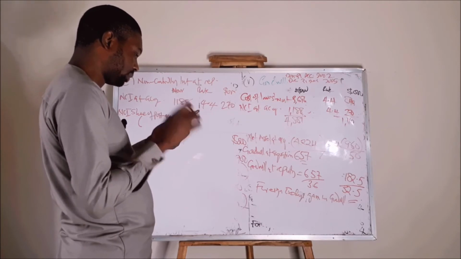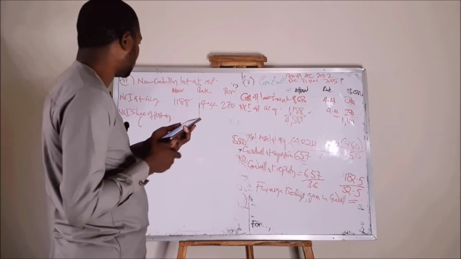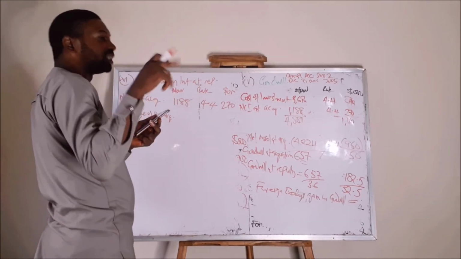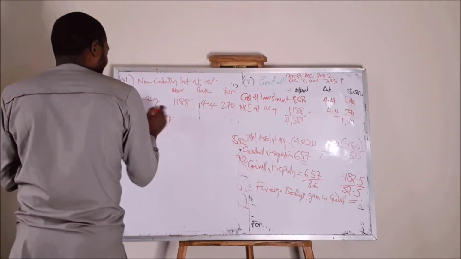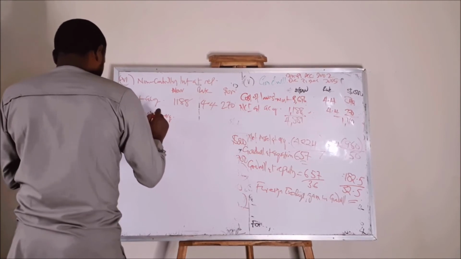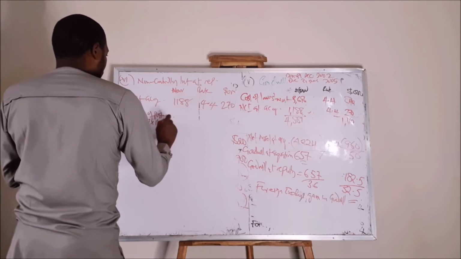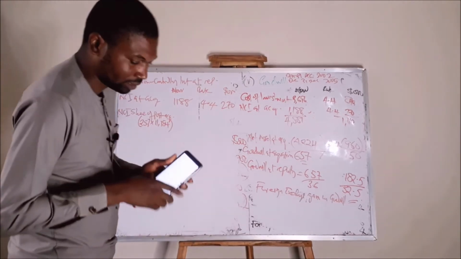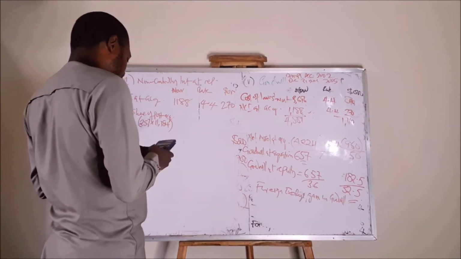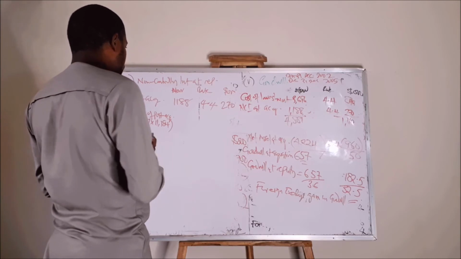Post acquisition profit was actually 11,184. So now, the NCI share, remember, is 25%. 25% of 11,184. So we want to look at the NCI share of that.